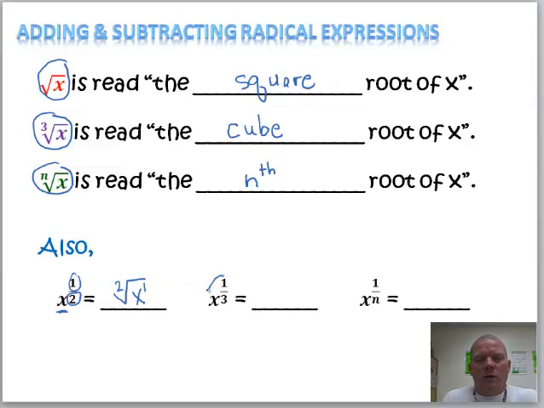So this one could be written as x to the first power, and I'm going to take the third root, or cube root, or we typically just say the cube root. So those are the second one up there, and then this one would just be the nth root of x. Okay, so that's some basic terminology review for you.